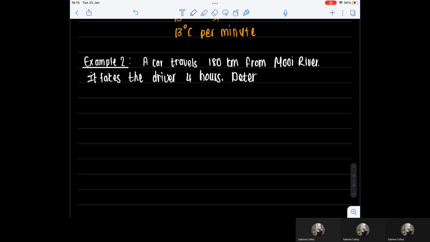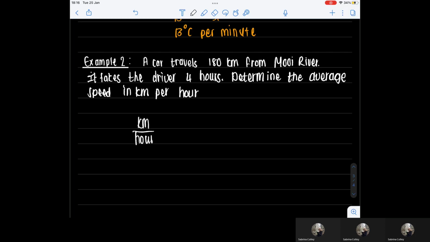Determine the average speed in kilometers per hour. So they want to know kilometers per hour, right, for the average speed.